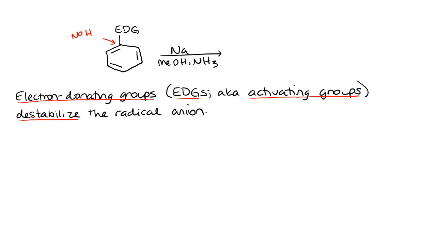And that's because the carbon that gets the H is the one that has an anion or a radical. This electron donating group is donating its electron density. So we already have a good amount of electron density on this particular carbon, and it doesn't need any more from an anion or a radical. So if this carbon cannot be reduced, we know that the one opposite from it cannot be reduced either.